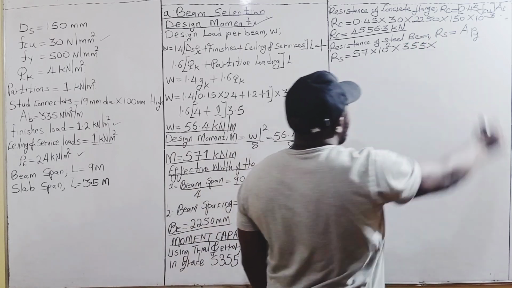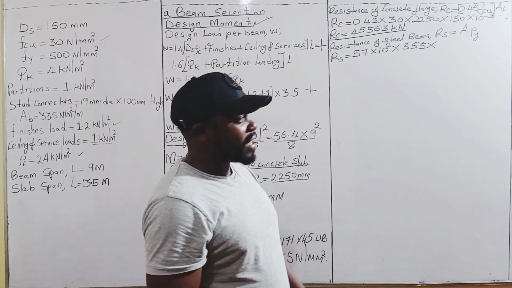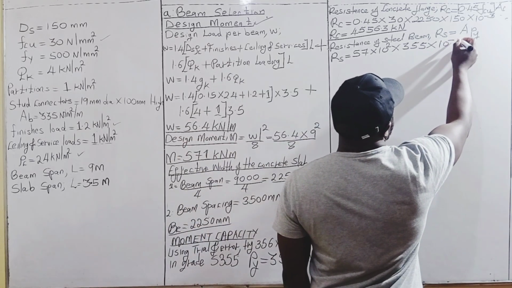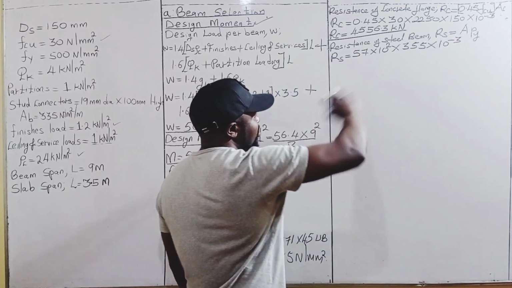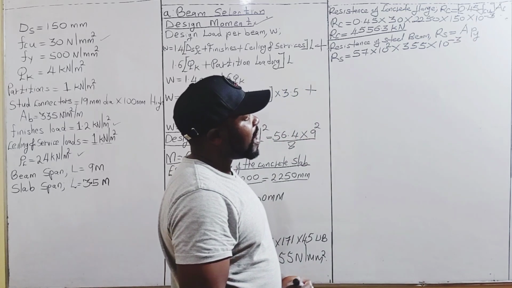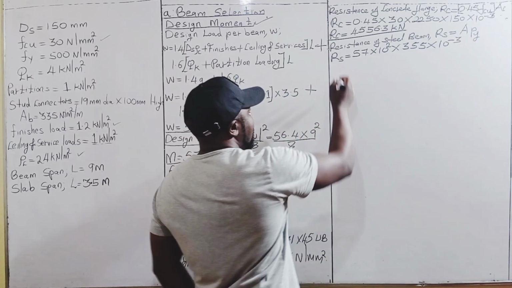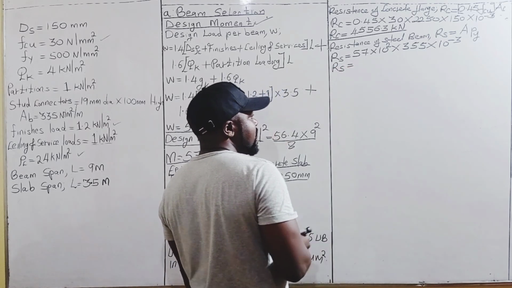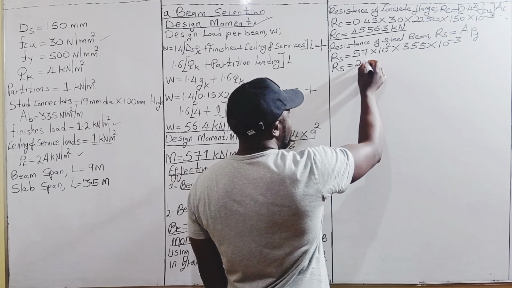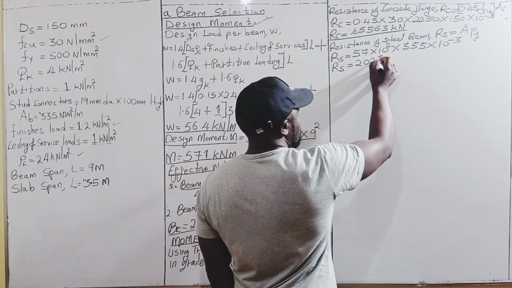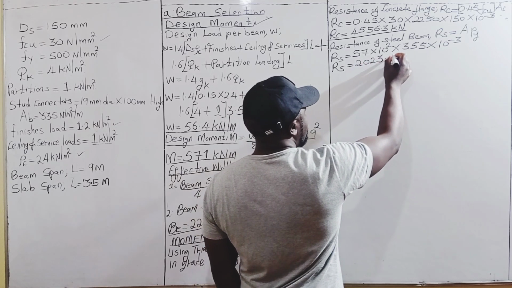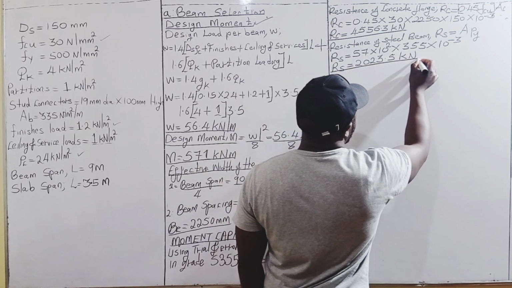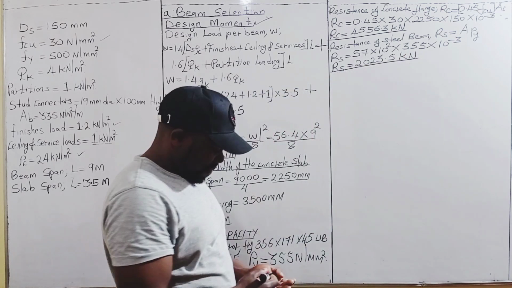We are going to get the answer in newtons, but to convert to kilonewtons, we are going to multiply by 10 raised to the power of -3, or divide that calculation by 1000. And in this case, the resistance of a steel beam, that is RS, will be given by 2023.5 kilonewtons.